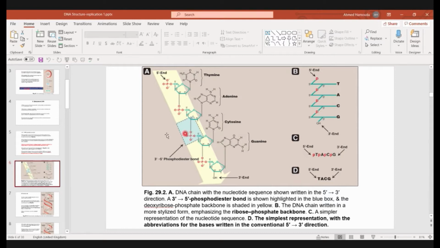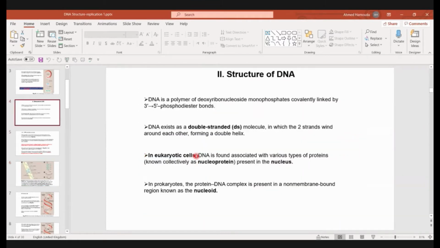So it's a polymer because it has many nucleotides, 1 nucleotide, 2 nucleotides, 3 nucleotides, etc. So the DNA is a polymer of deoxyribonucleoside monophosphate, covalently linked by 3', 5' phosphodiester bonds. It's double-stranded, you see, when you see DS, it's a double-stranded molecule where two strands wind around each other, forming a double helix.